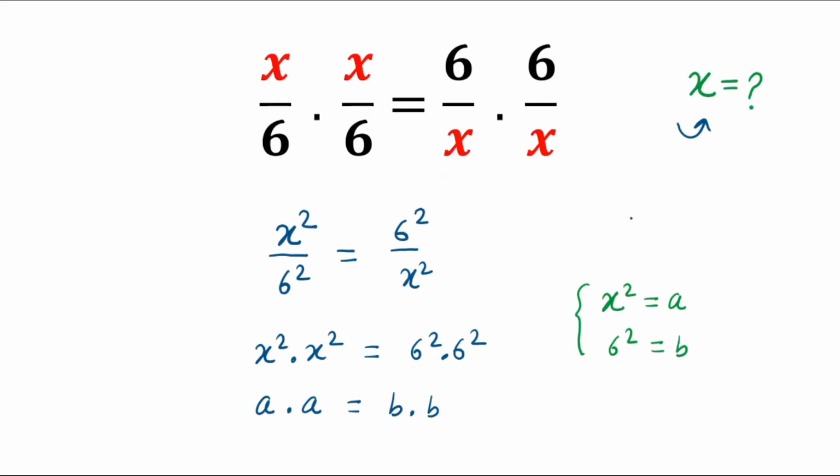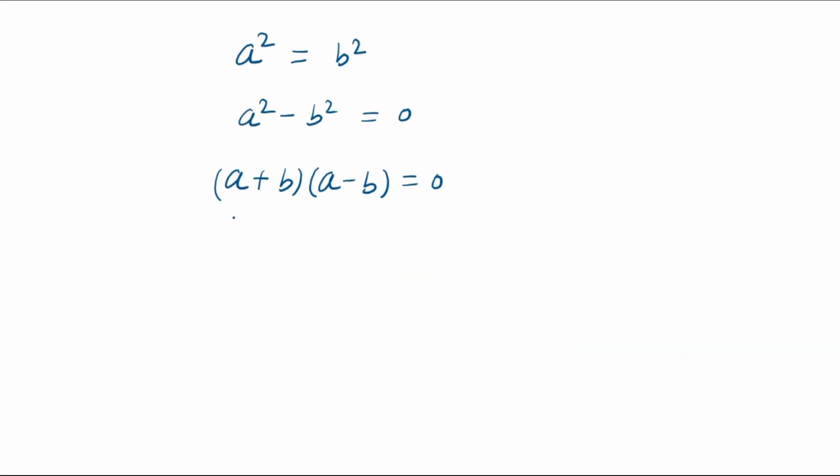Here value of a is x square and value of b is 6 square. So a is replaced by x square plus b is replaced by 6 square, and a is replaced by x square minus b is replaced by 6 square, and this is equals to 0.